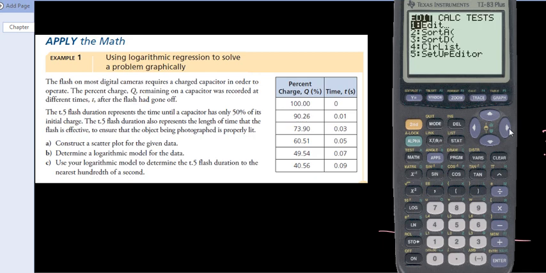Okay, so stat calc up to 1, that's number 9. List 1, comma, list 2, comma, vars, over to function, enter that, hit enter. Okay, so it gives us this, and if we graph it, we get something that looks like that.